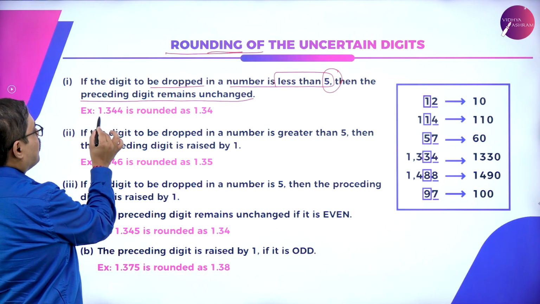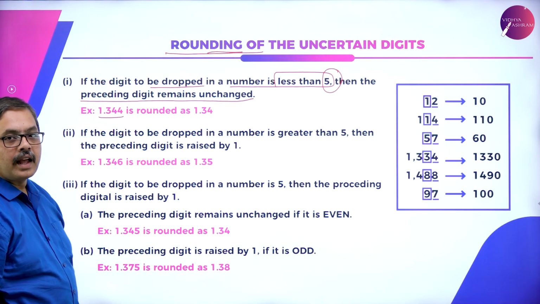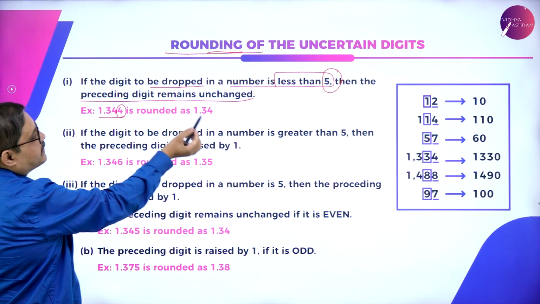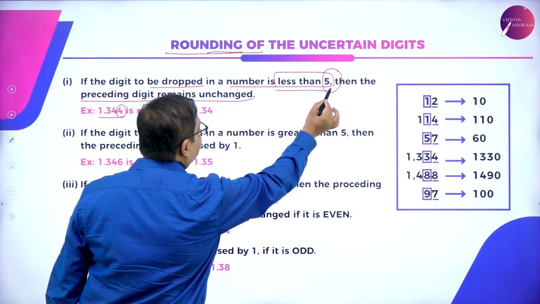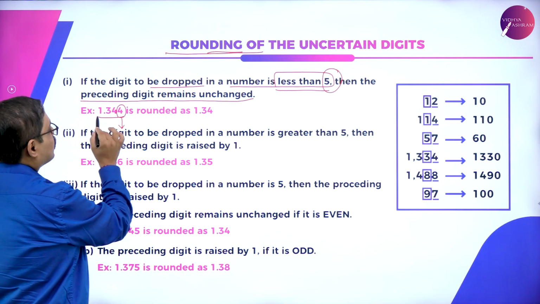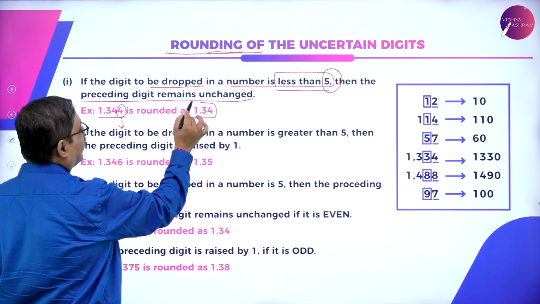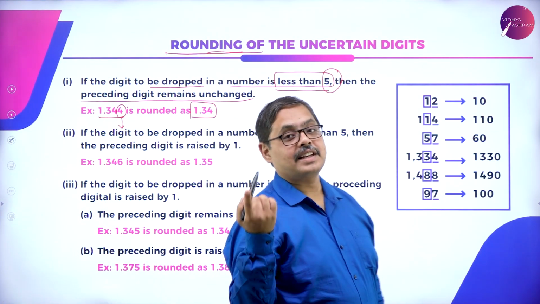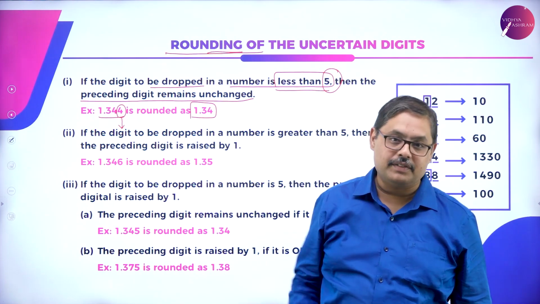Say for example 1.344. I have to drop the last number, which is 4. The rule says that if it is less than 5, I can simply drop off this number. So the remaining significant value is 1.34, because the last number to be dropped was less than 5.